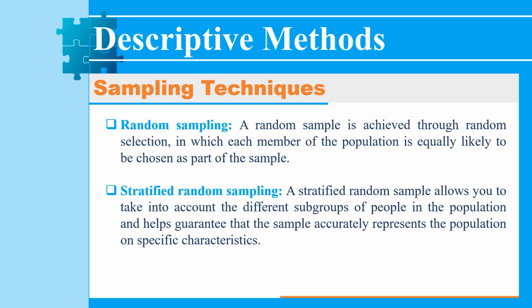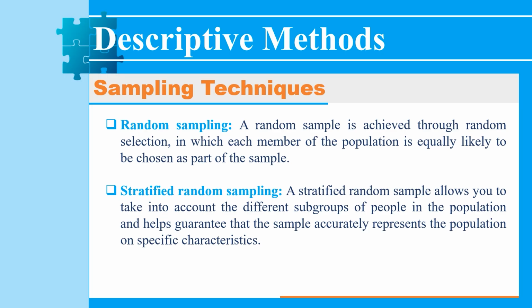Allow me to elaborate one by one. Starting from random sampling, it is achieved through random selection, in which each member of the population is equally likely to be chosen as part of the sample. And stratified random sampling is a sample technique designed to ensure that subgroups or strata are fairly represented.